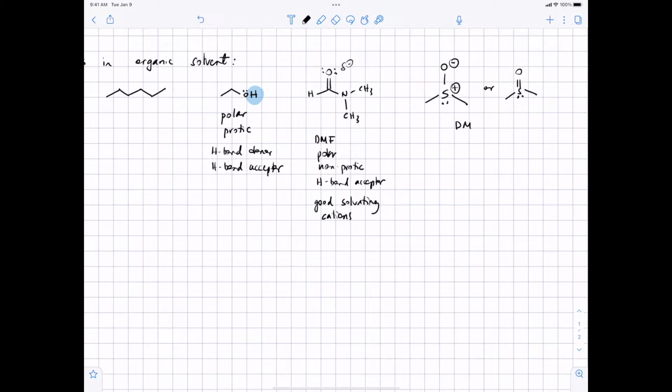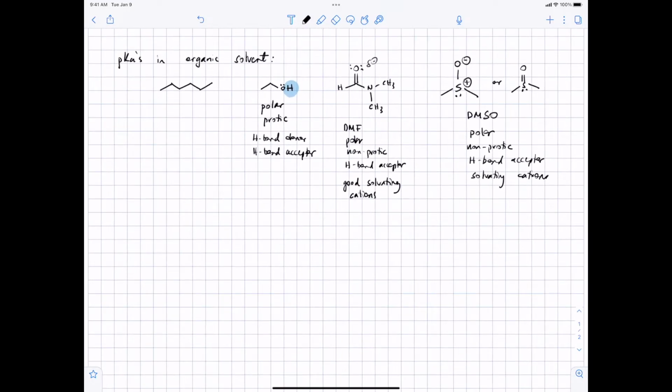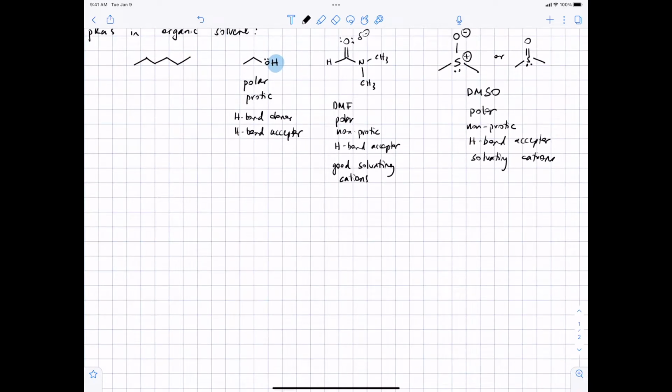It is like DMF, polar, but non-protic, and like DMF, can be an H bond acceptor, and it's good at solvating cations. There are some others that we could talk about, but this may be decent enough to get started with.